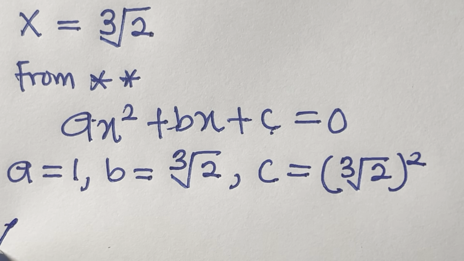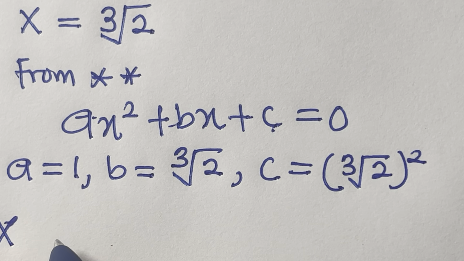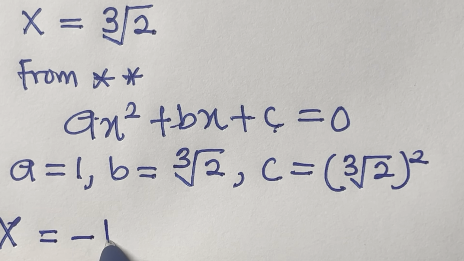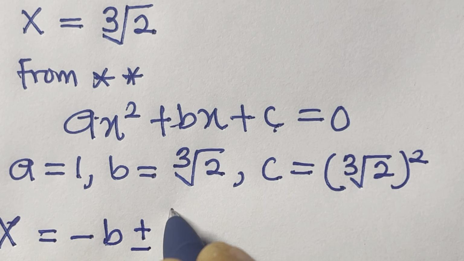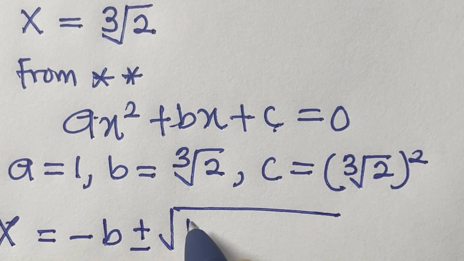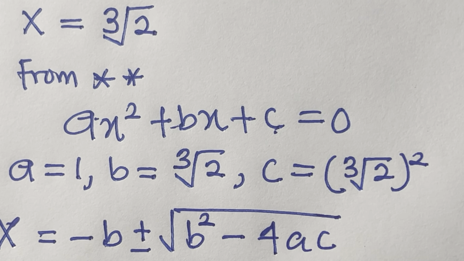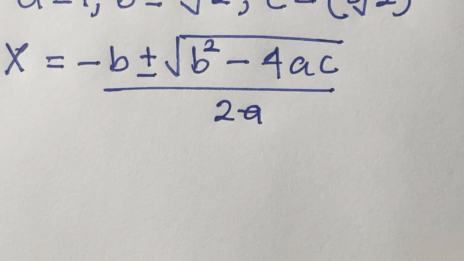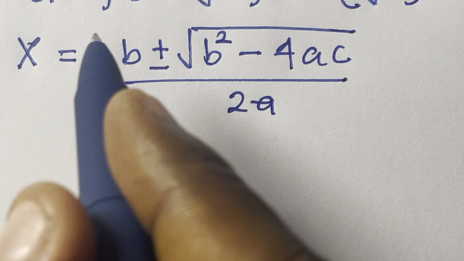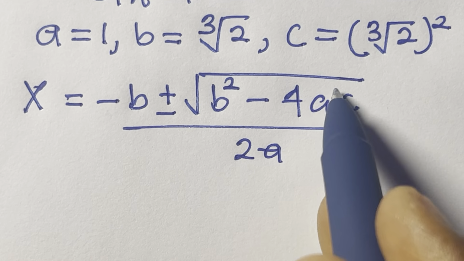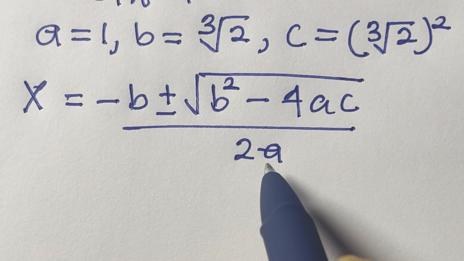From the quadratic formula, x equals minus b plus or minus square root of b squared minus 4ac, divided by 2a. All right, so from here we want to substitute these values into this formula.